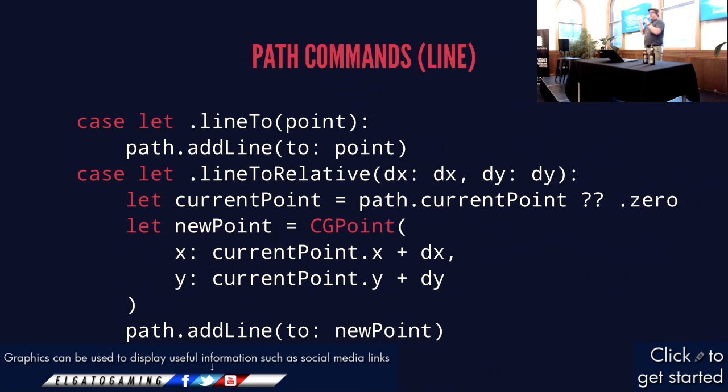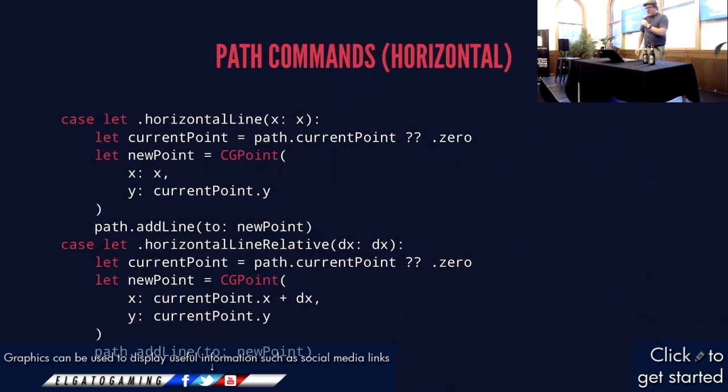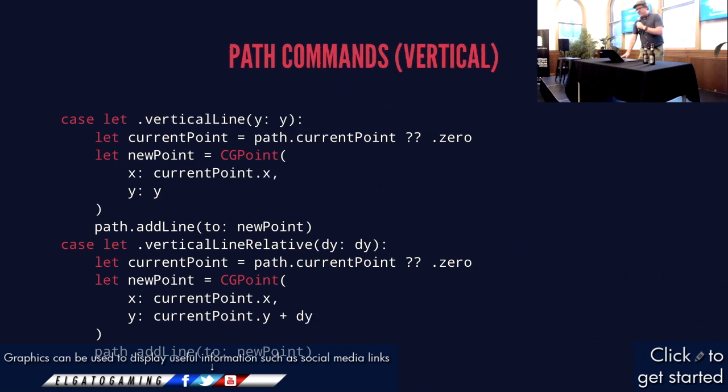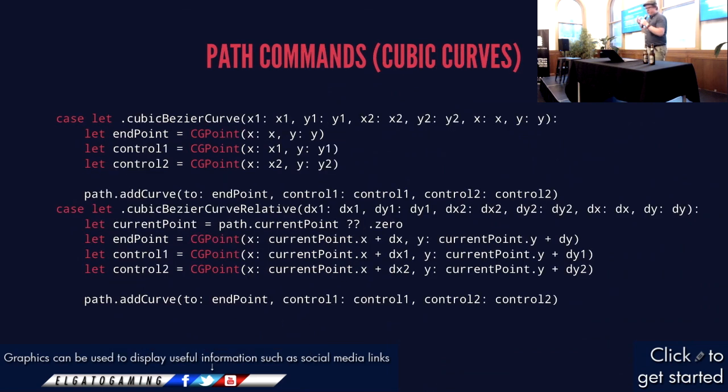If it's the relative one, we want to grab the current point, which is an optional. That's pretty cool. Horizontal lines, vertical lines, much of the same. We're just using line 2 in that regard. This is where things get a bit interesting, in that we have a whole lot of stuff around drawing Bezier curves, cubic curves, arcs and stuff like that.